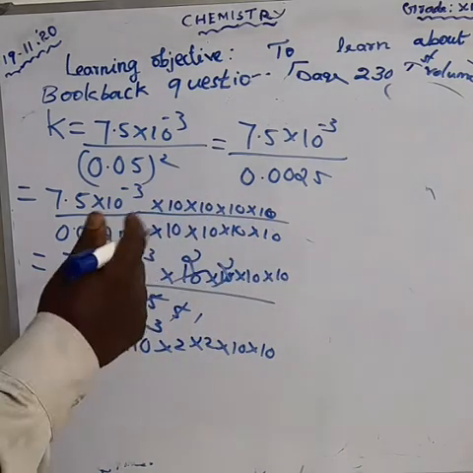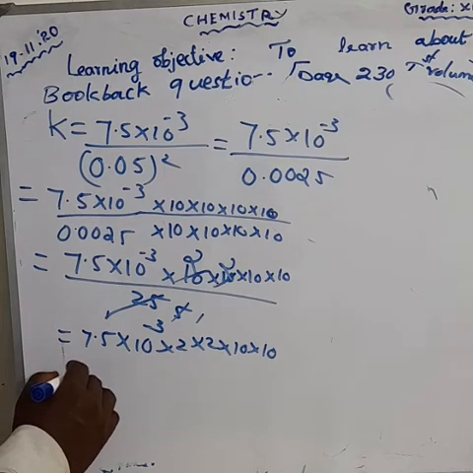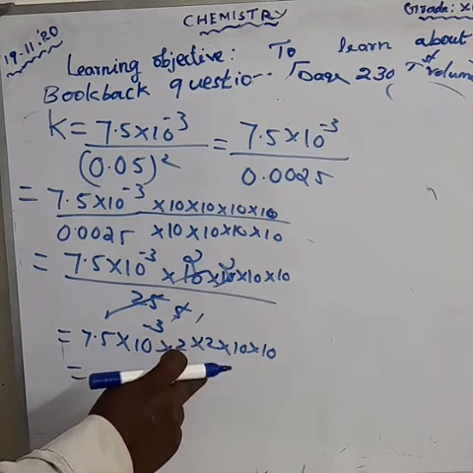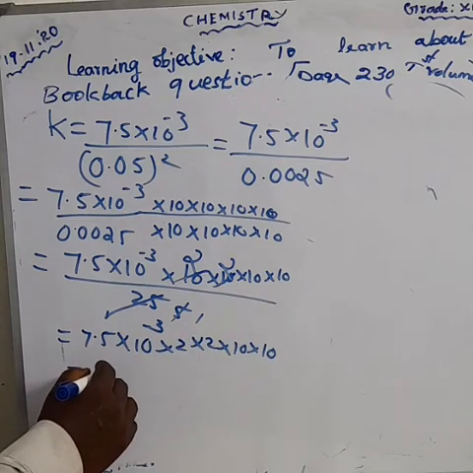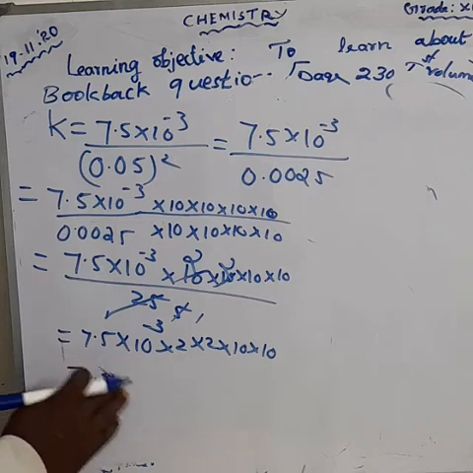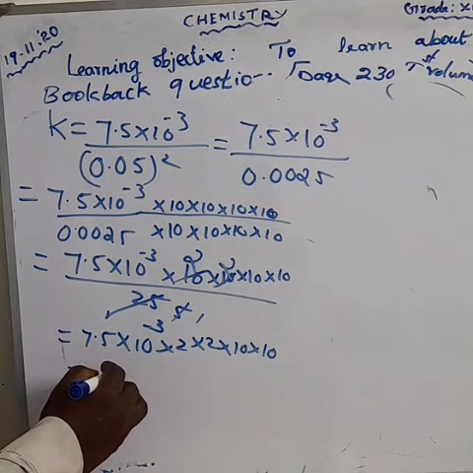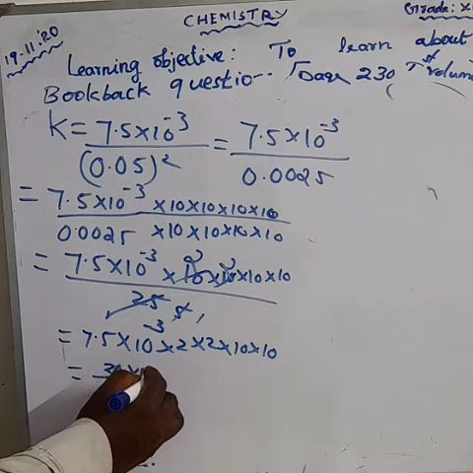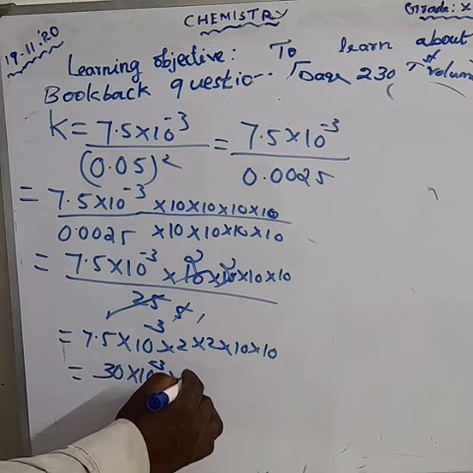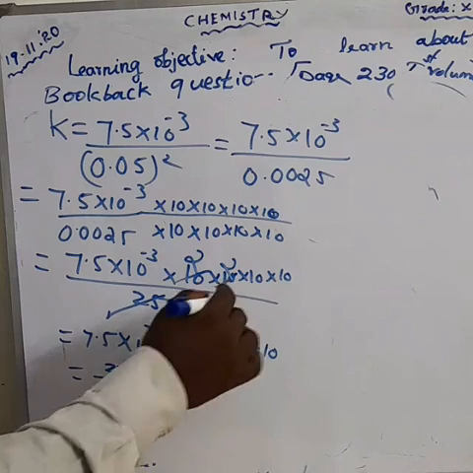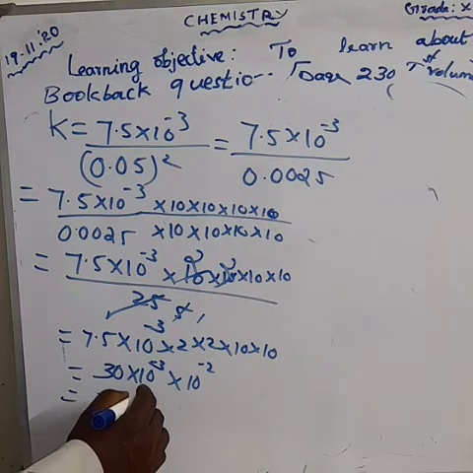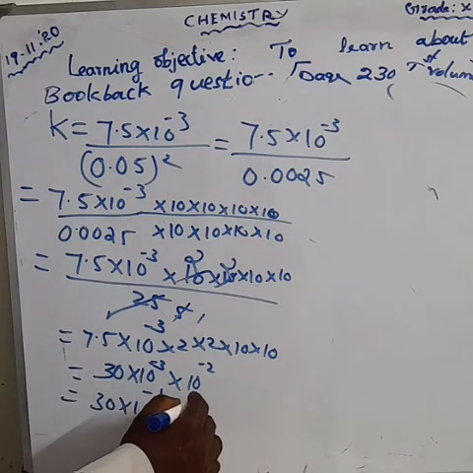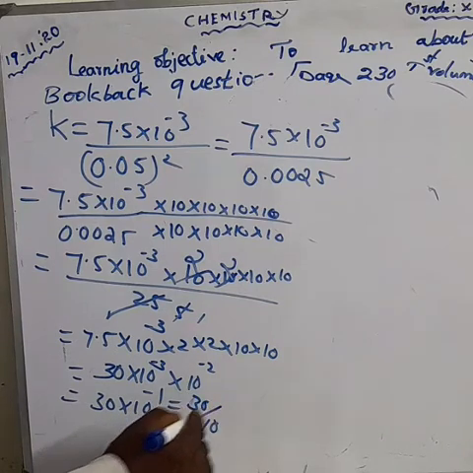Then k is equal to, we get the total value 30 into 10 raised to minus 3 into 10 to the power minus 2. 30 into 10 raised to minus 1 can be written as 30 by 10.